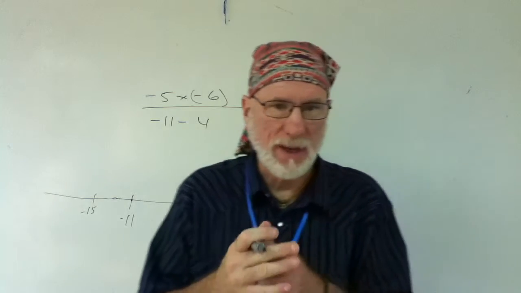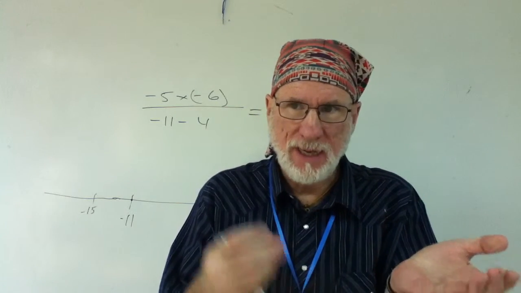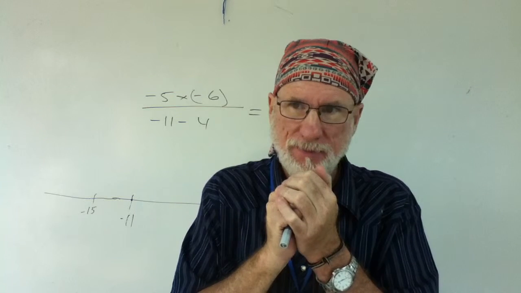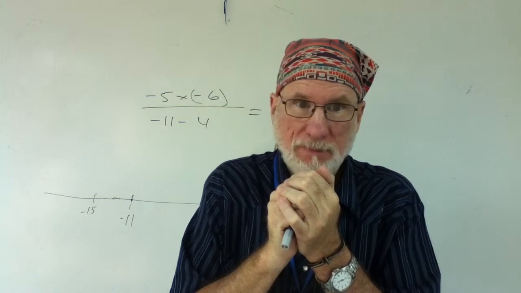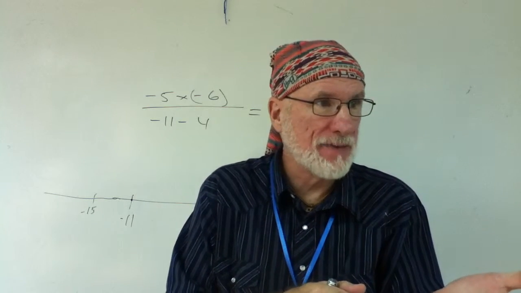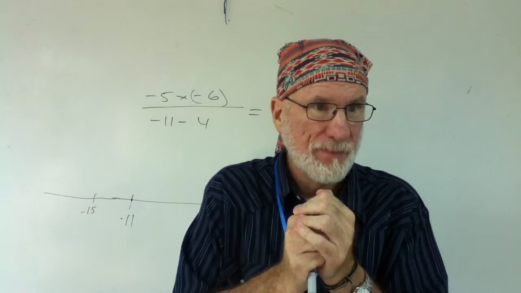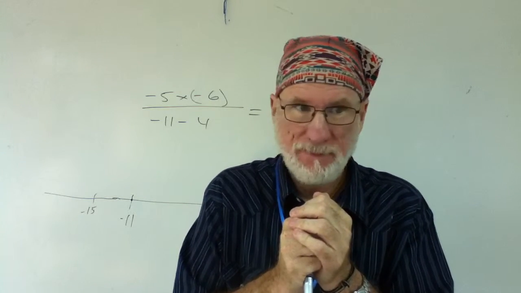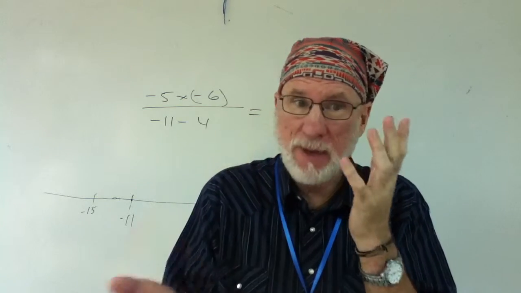Think of it this way, if you want to. I have a negative 11 and a negative 4, and I combine them. What do I get? Negative 15. If I have a positive 11 and a positive 4, what do I get? Positive 15. But this way, I'm actually combining two negatives.